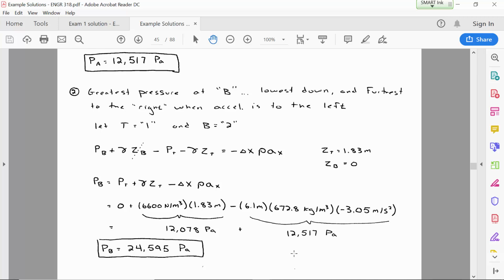And we know the pressure here at A, but we don't know the pressure at B. The approach that we're going to learn in class on Tuesday next week is that you'd have to pick an intermediate point. So I'm going to call this M.